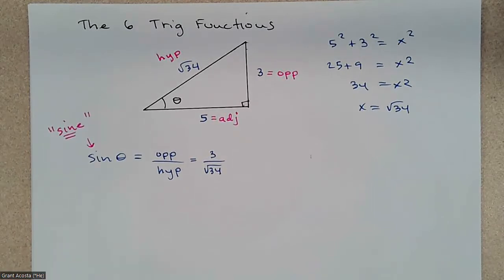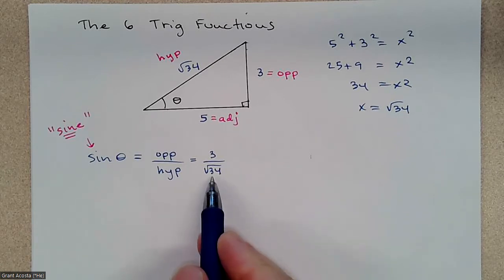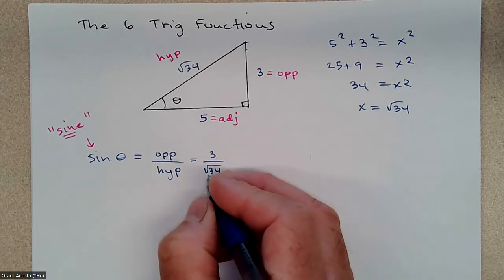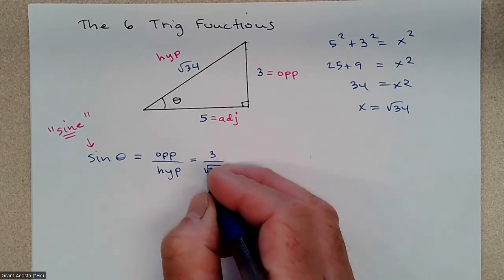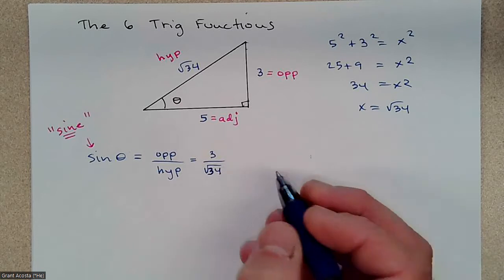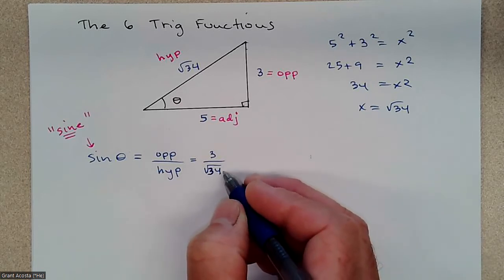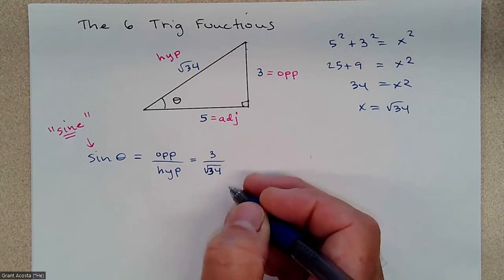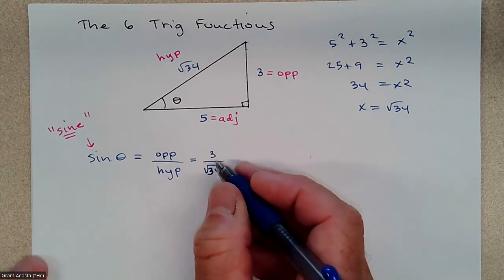Now, a note about radicals. In previous math courses, you were taught to not leave a square root in the denominator, that there was somehow something wrong with that. While you might still be expected to rationalize that and not have a square root in the denominator, by and large, it's okay most of the time, especially when you move into calculus.